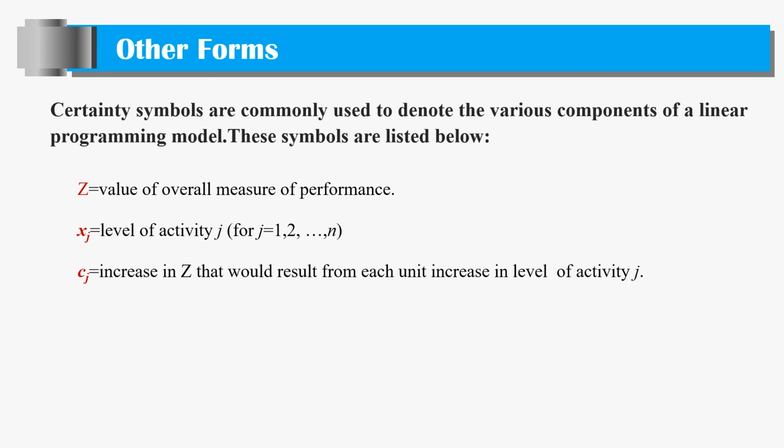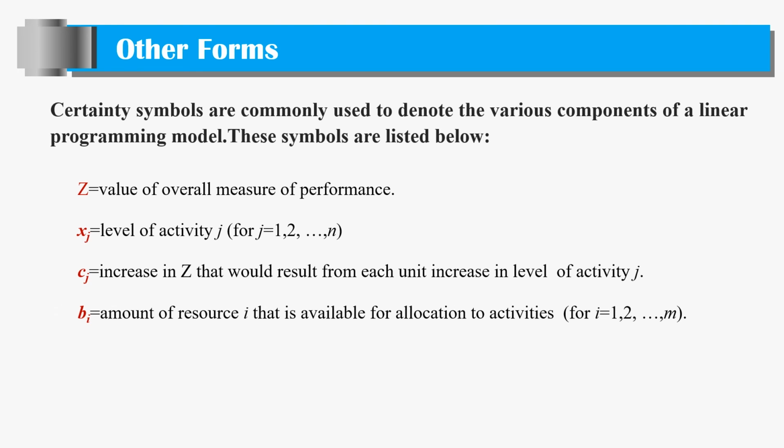Cj denotes the increase in Z that would result from each unit increase in the level of activity j, that is the coefficient of the objective function. Bi is the amount of resource i that is available for allocation to activities. Aij is the amount of resource i consumed by each unit of activity j.